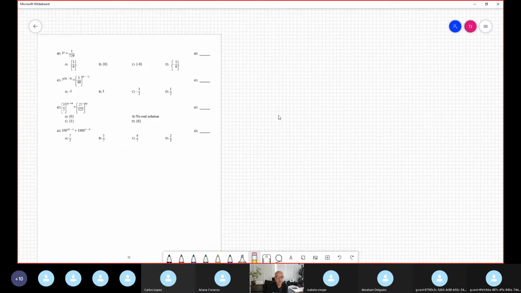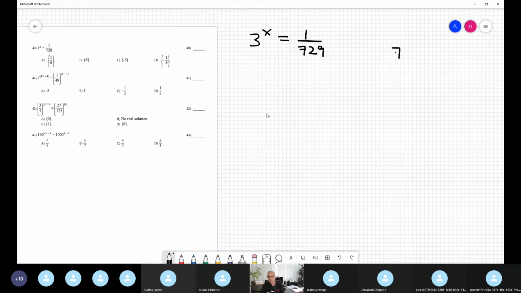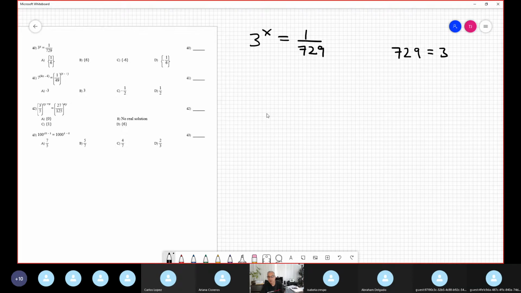Okay, 40. 3 to the x equals 1 over 729. And 729, factorizing this number, is 3 to the 6th power.